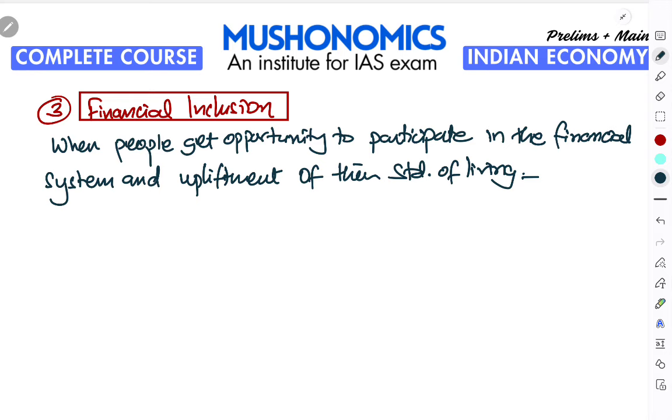For example, Jan Dhan Aadhaar. What do we get through financial inclusion? Access to a bank account, so DBT, direct benefit transfer, can be transferred, the government can transfer money into your account, right? What happens when you have your own account is that credit facilities are available also, so credit inclusion will be there, which is a subset of financial inclusion.